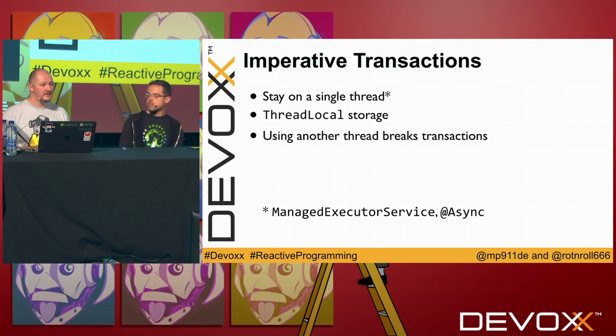There are, however, approaches to offload work onto another thread, either using that async annotation in Spring, or if you live in a Java Enterprise world, then you have this managed executor service.